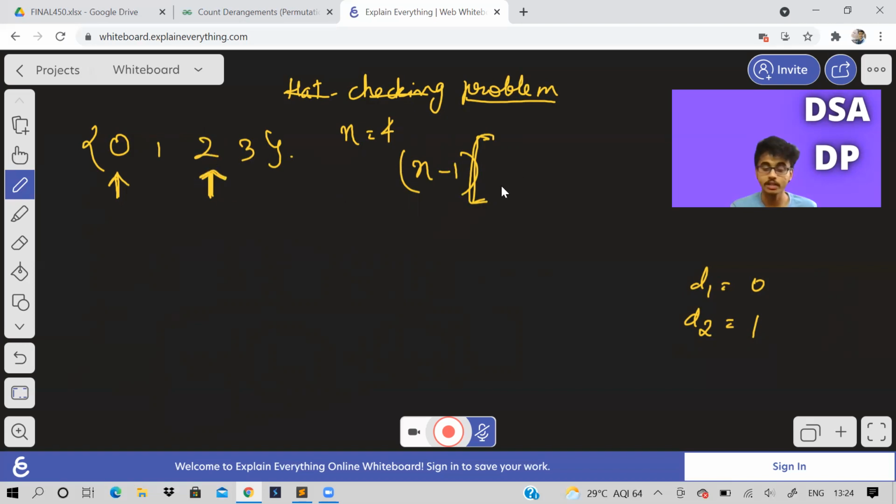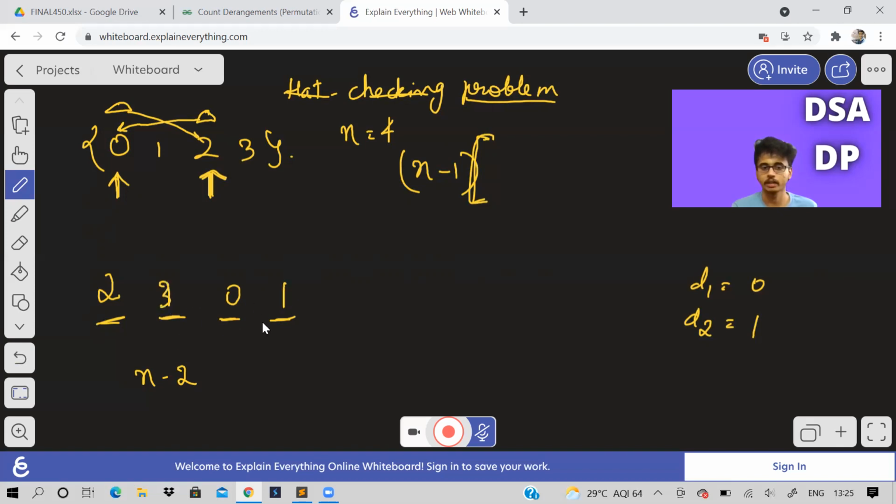Now what is the first case? That I put 2 over here. So there are 4 places, right? I put 2 here. That means consider that I have given the hat to this person and this person's hat I have given here. So 0. Now how many places are remaining? n minus 2 places are remaining. How many derangements are possible for this? 1 can't come here.